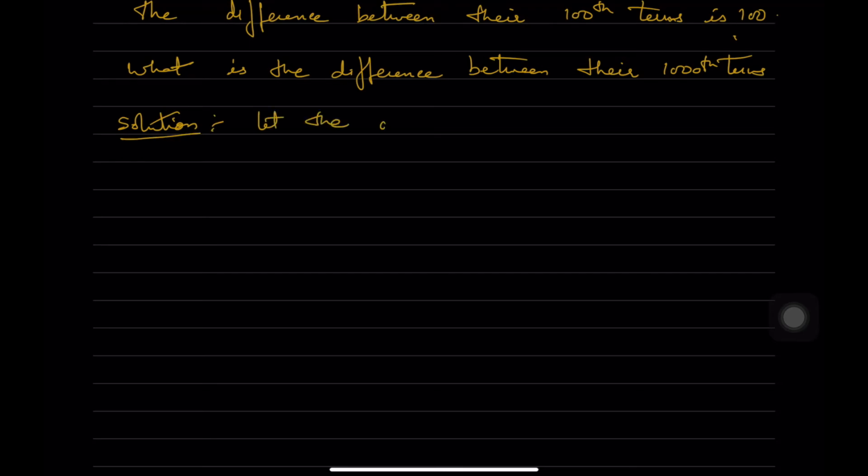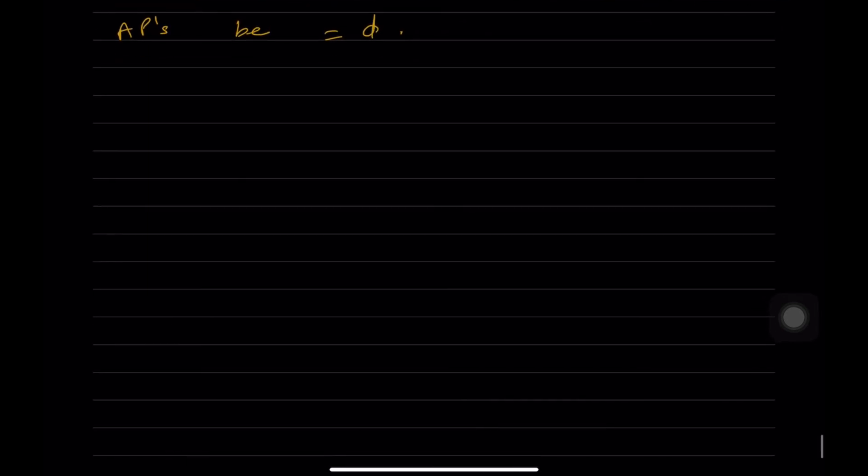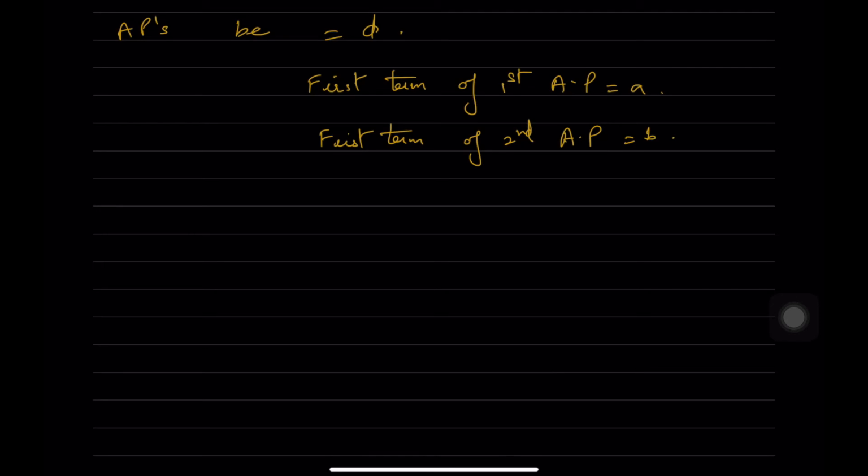Let the common difference of both the APs be equal to D. First term of first AP is equal to A. First term of second AP is equal to B. Then the 100th term of first AP is equal to A plus 99D.